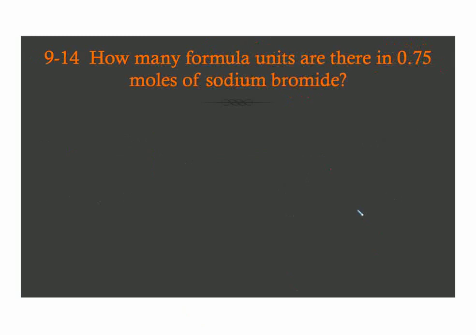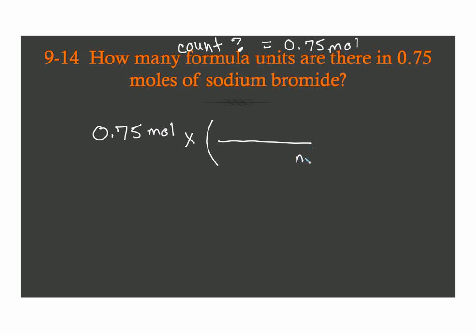All right, forging ahead. I hope you're picking this up here. So we've got our question mark. How many formula units are equivalent to 0.75 moles? If you look on your map, we're counting. So when we count, we get to use Avogadro's number. So we have 0.75 moles. Now, I want to eliminate moles. They're in the numerator.